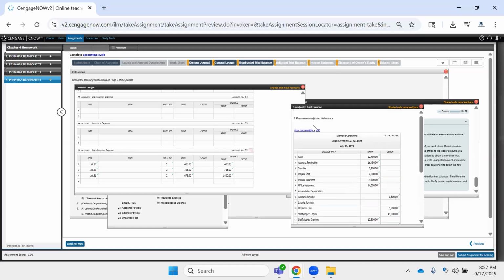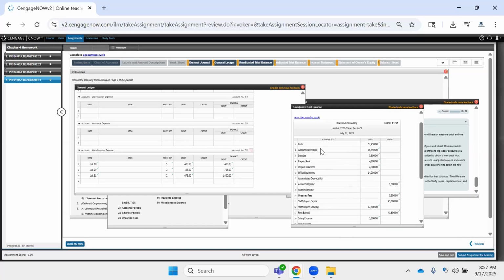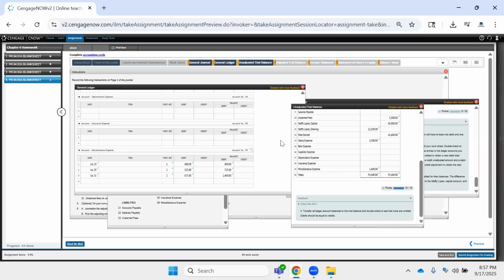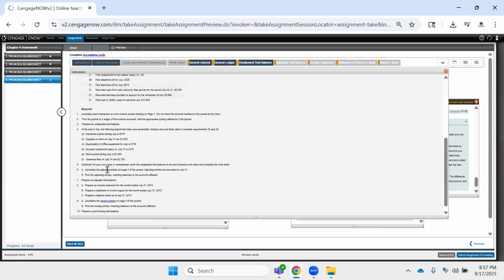And that is correct here. So see, we did all the work in the general ledger, so preparing the trial balance is actually quite easy. And see our debits and credits match. Everything's been done properly so far. Now for step number 4, at the end of July, the following adjustments. Use this information to complete 4 and 5 and 6.